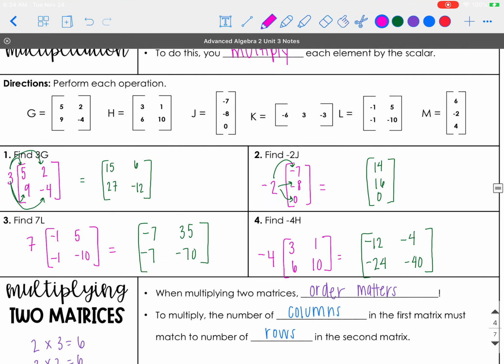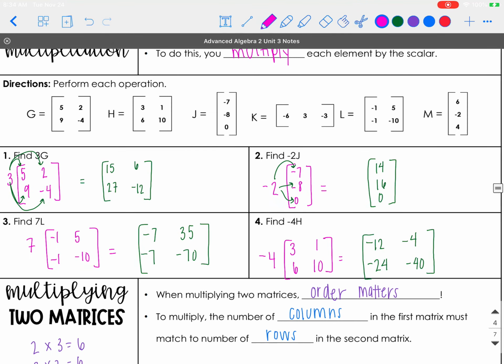So G times H. I'm going to type in the calculator, alpha zoom. I'm going to make sure I have a 2 by 2 selected. And I'm going to type those numbers in: 5, 2, 9, -4. Then I'm going to arrow over. Click times. Alpha, zoom. It's still a 2 by 2.